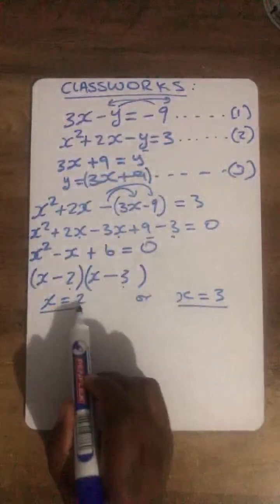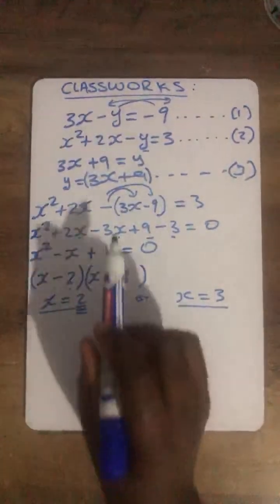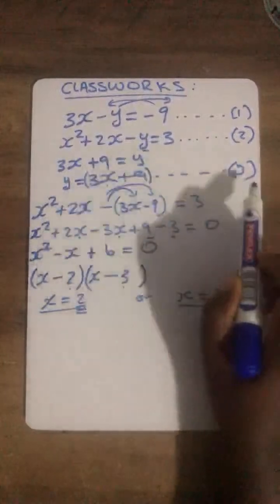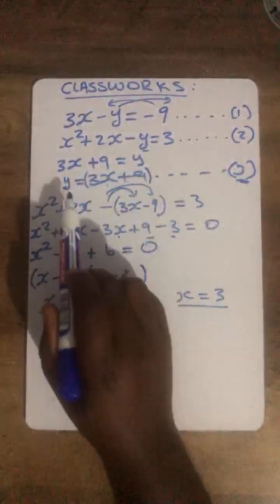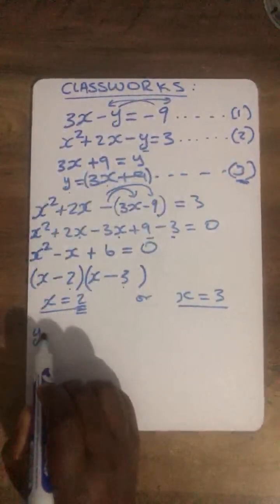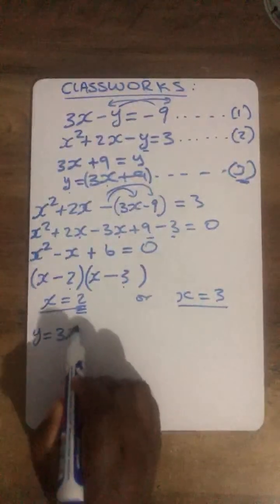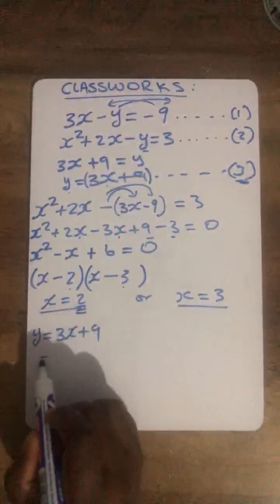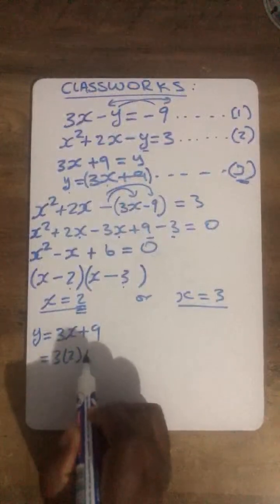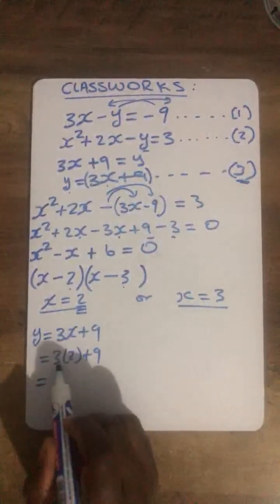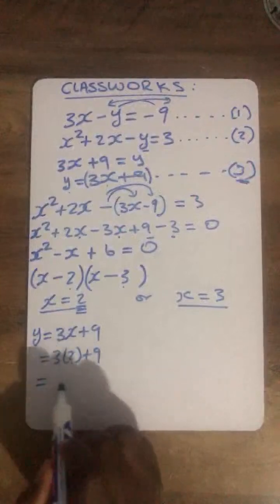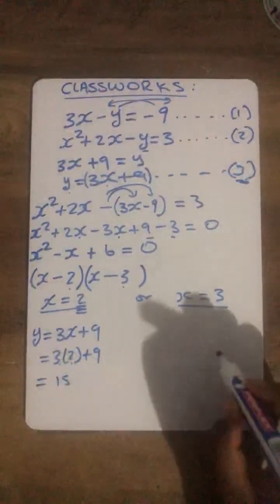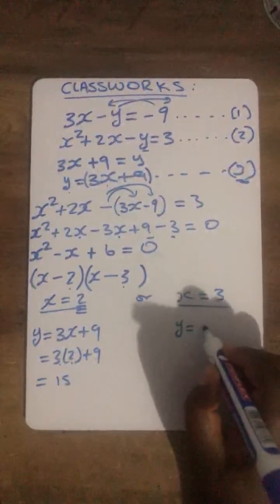So that means we're going to take this x value, we are going to substitute it there. You always substitute on equation number 3 to find the other unknown. So it's like you're saying y is equal to, remember, it was 3x plus 9. So where you see x, you put that 2, and then that times that is 6 plus 9 is 15. And then you do the same here.